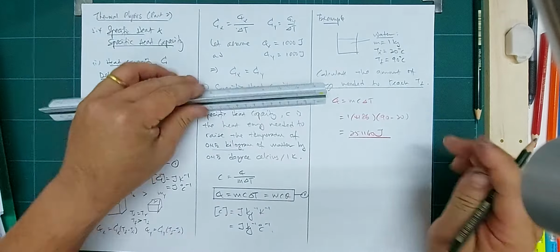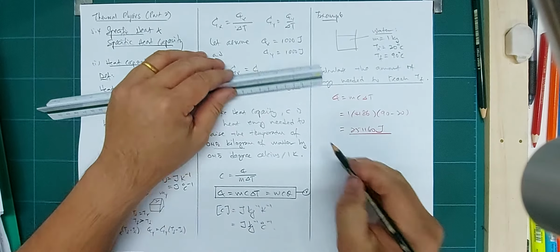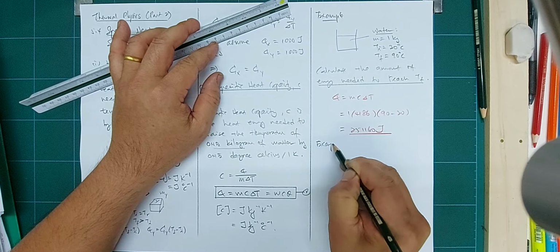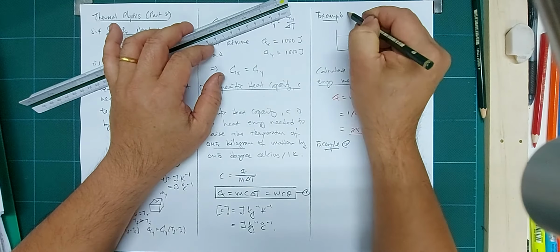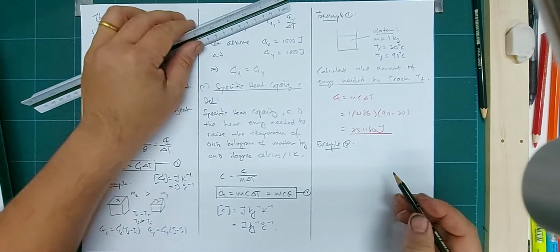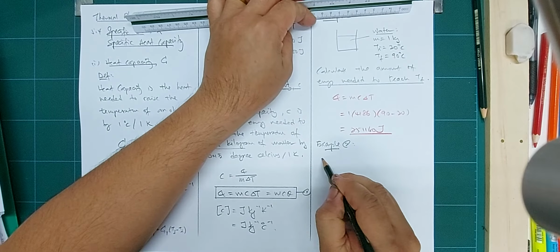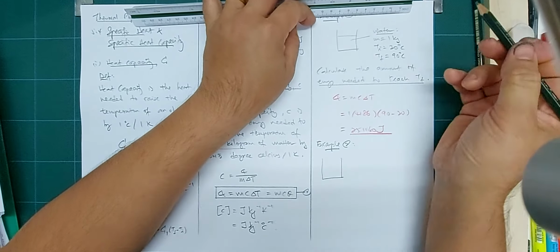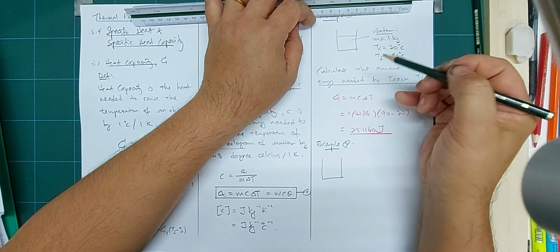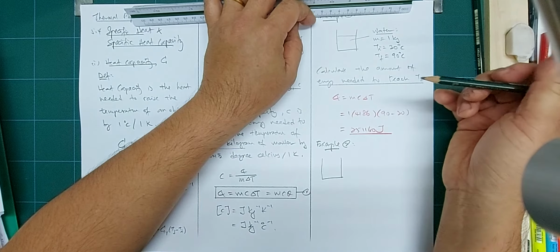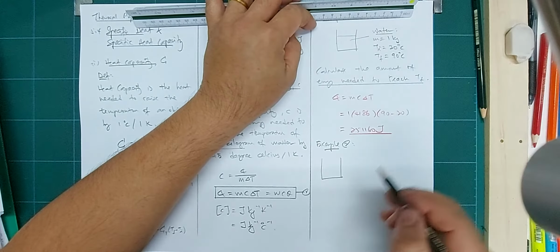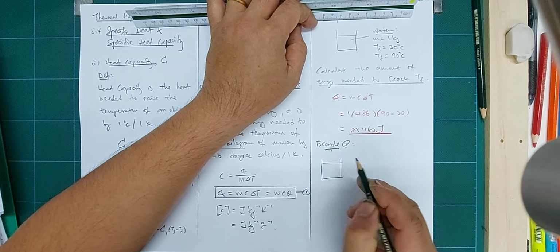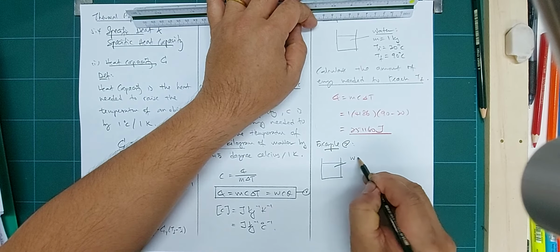For example, this is example number 2, and that was number 1. Now let's assume you have a beaker. Oh, I forgot to tell you, the beaker here, you're supposed to assume that it is not absorbing or releasing any heat energy, so it's a good insulator.